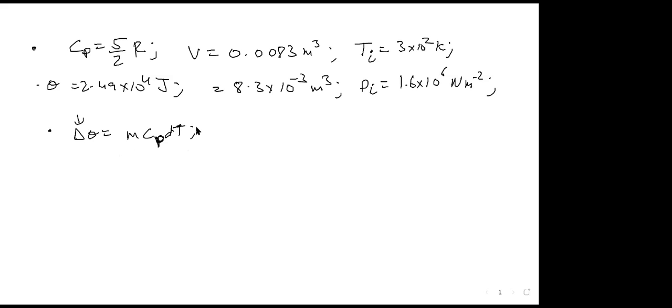Why is it CP? Because it is said in the question it's specific heat at constant pressure. Yes. But in the question, the volume is constant, right? The data is given for the pressure constant.